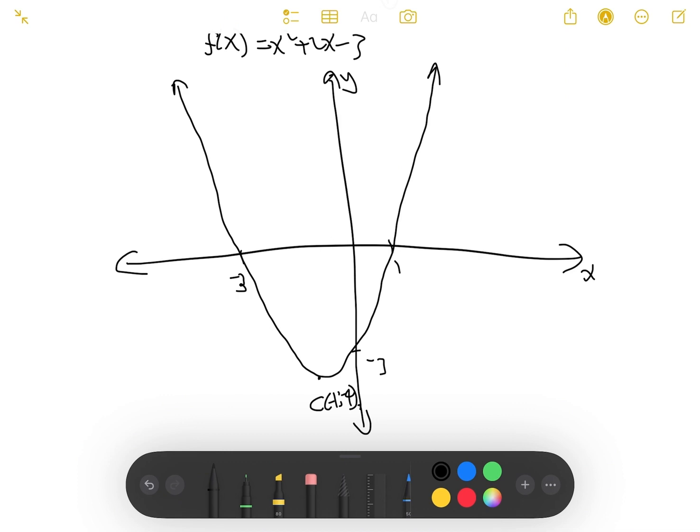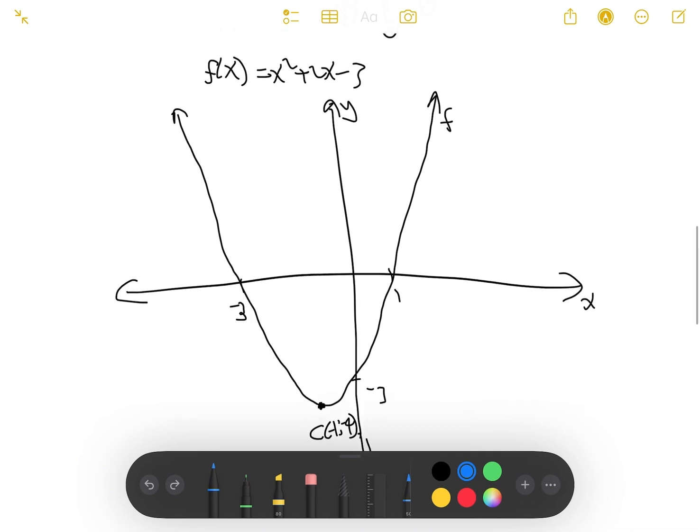So this is basically our graph of f. Now we want a graph that will end up being like this. This graph is going to move here, or look like this. I hope that makes sense. So how is it going to get there? That is the real question.